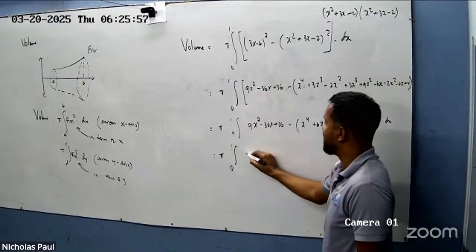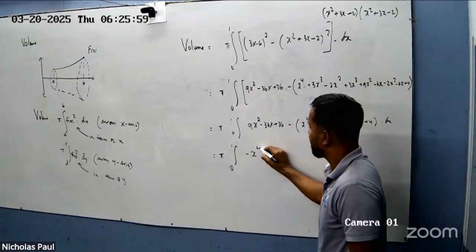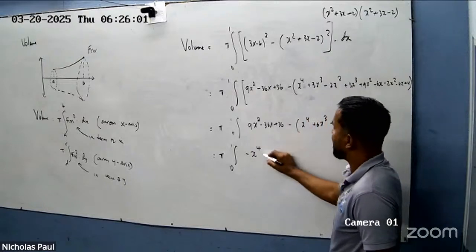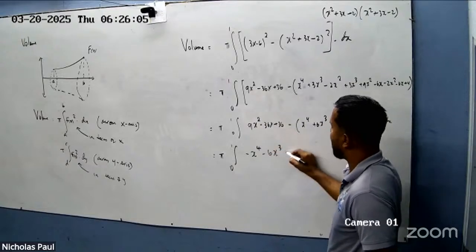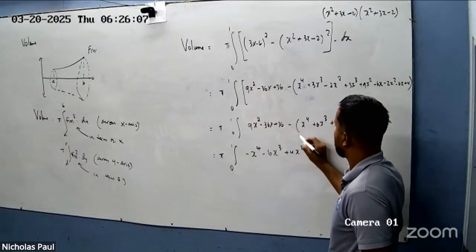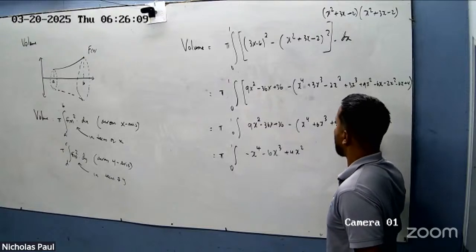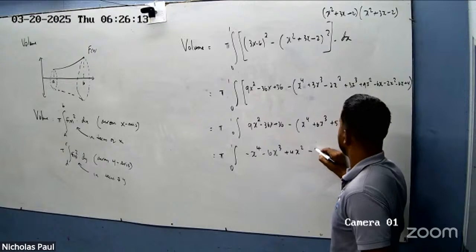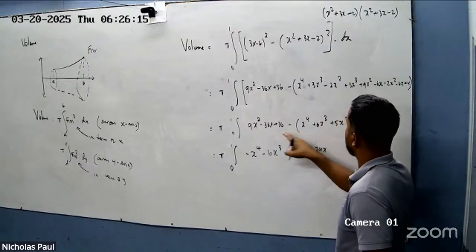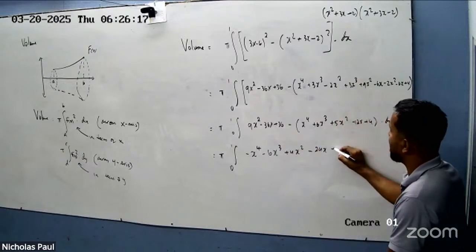Alright, minus x to the fourth. You happy now? Minus 6x cubed. Minus 5 plus 9 is plus 4. Minus 12, 12 plus 36 is 24. Minus 24. 36 minus 4 is 30.